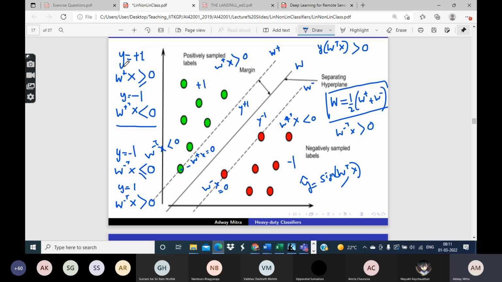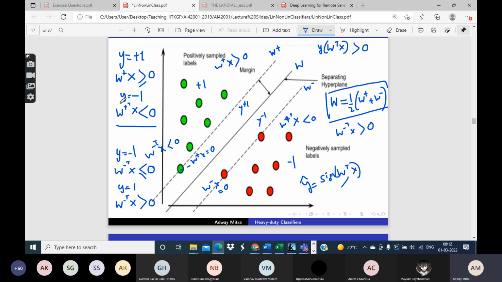Here we can see that in this case both are positive, so correctly classified, and in this case both are negative, so that is also correctly classified. So their product is positive in both cases.